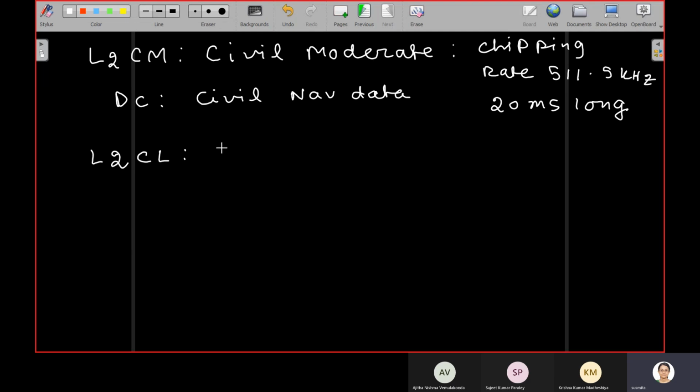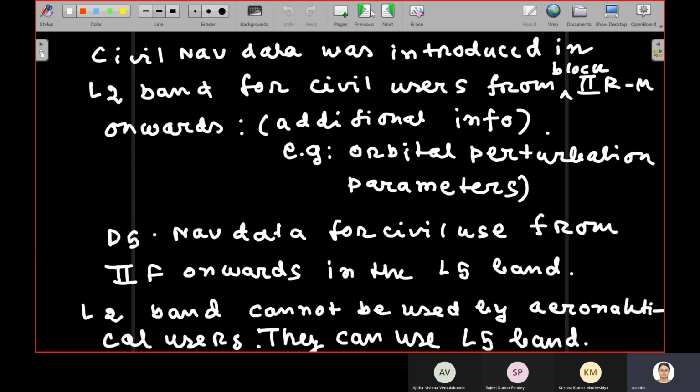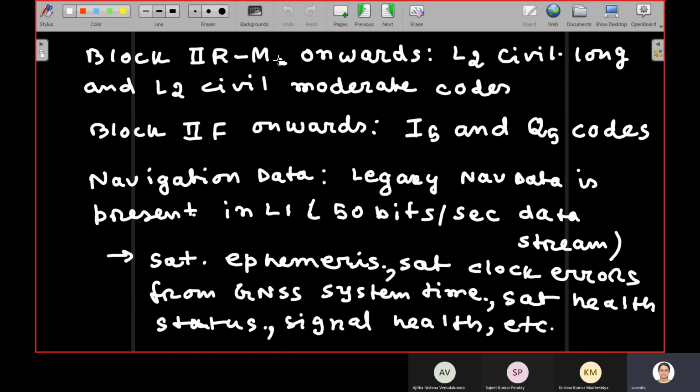And this one is a very long code. I think I mentioned about this. Yes, civil long and civil moderate. This I mentioned from 2RM onwards.